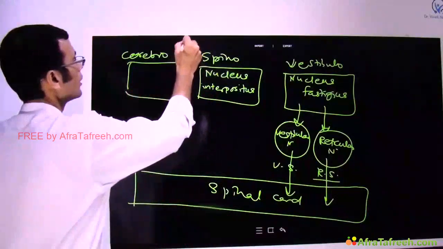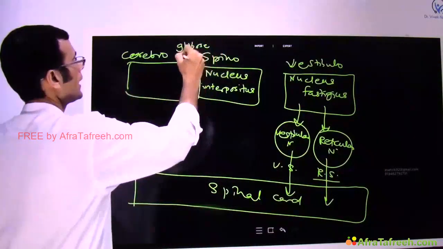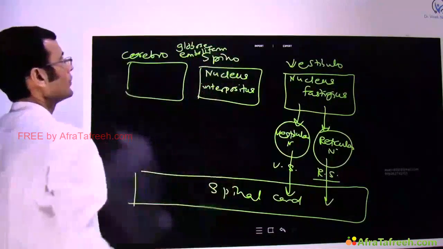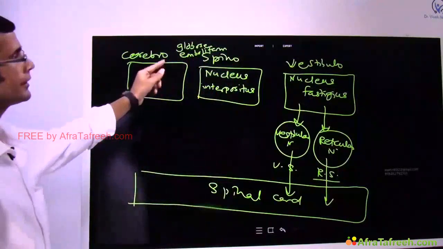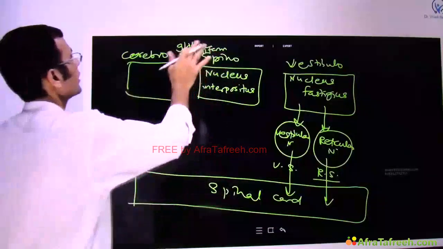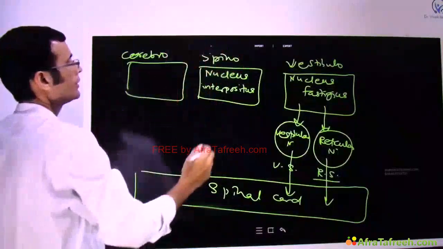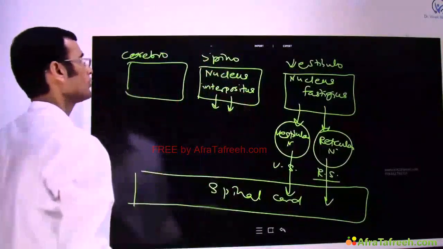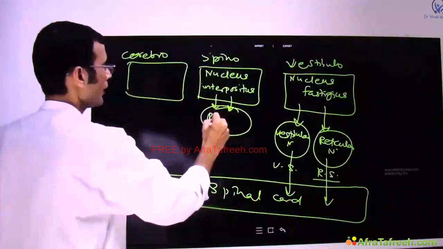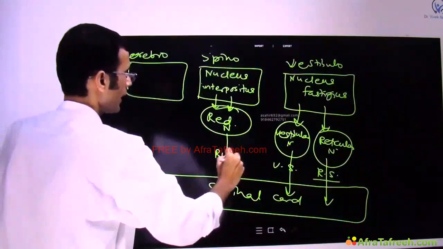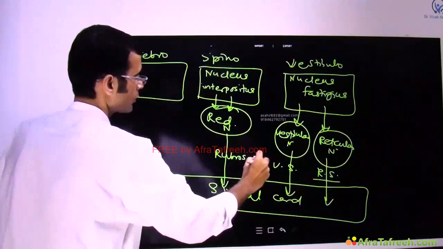The globose nucleus and emboliform nucleus. Nucleus globosus and nucleus emboliformis. So, the fibers come out from the spinocerebellum. They will mainly go to the red nucleus, and then there is rubrospinal tract. It will control the proximal muscle groups.